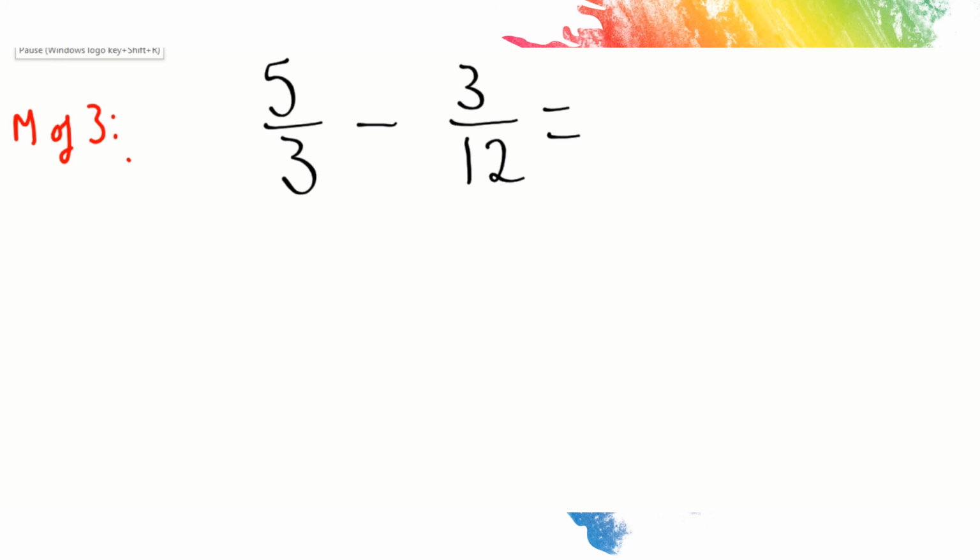I'm only going to do the first 5. 3, 6, 9, 12. Oh well, actually, do I need to go on? Because if we notice, that's already a 12, which will be the same as our fraction here. I can make both denominators 12.